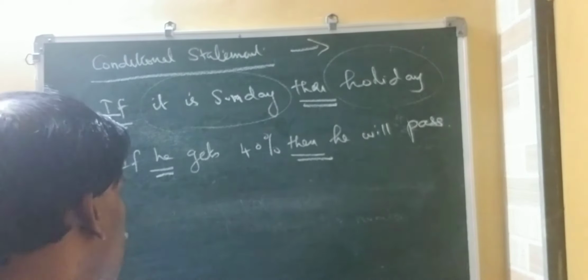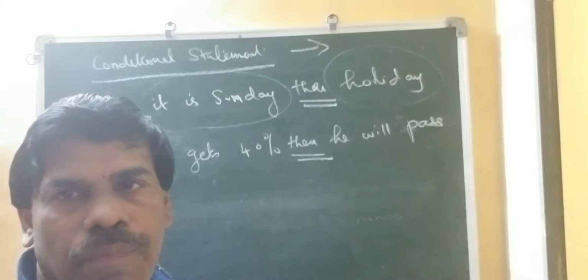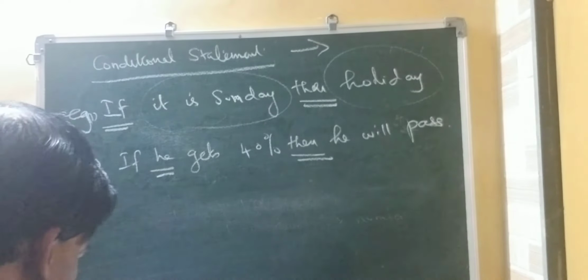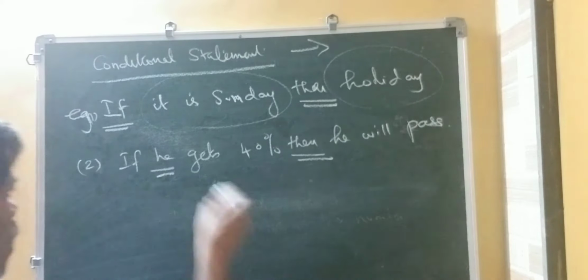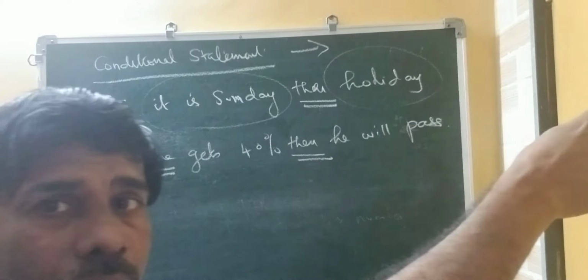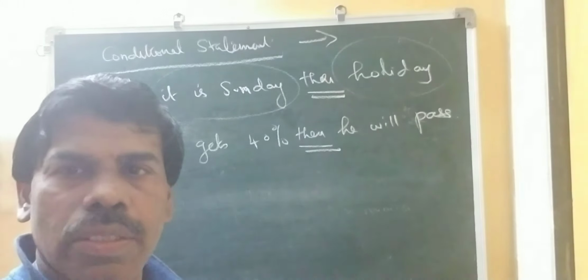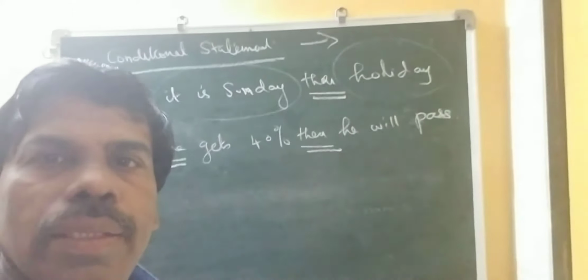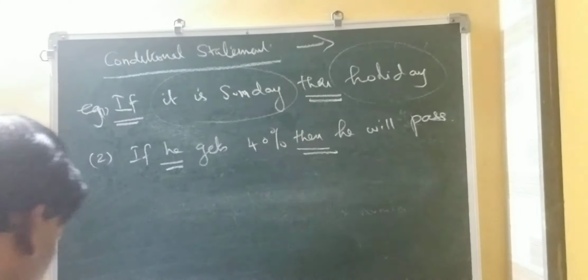If he gets 40%, then only he will pass. Okay, this is a conditional statement or implication. It means if something happens, then something happens. So it is also very, very important. It is called a conditional statement.